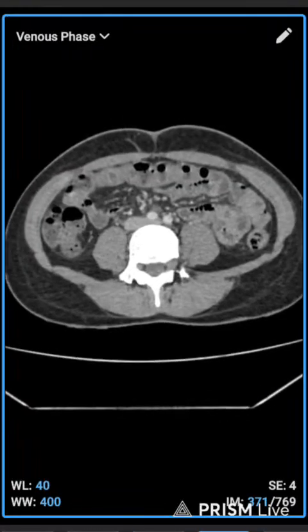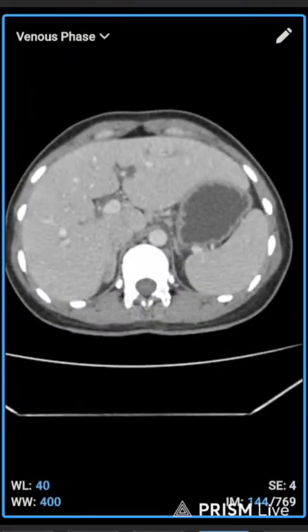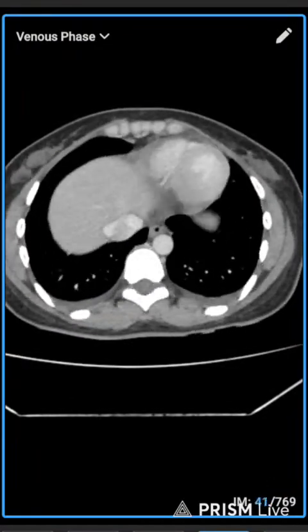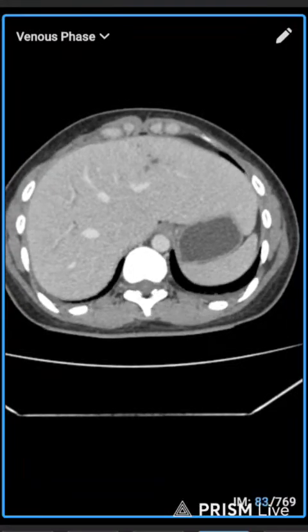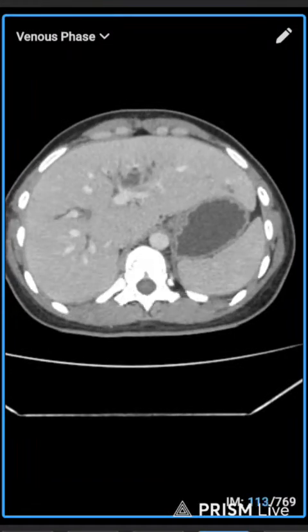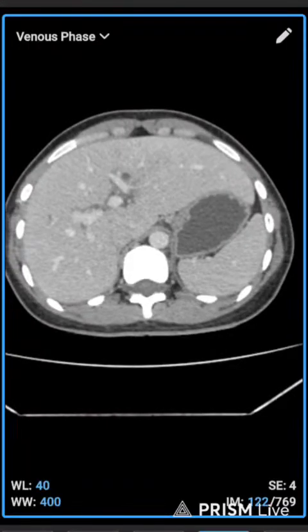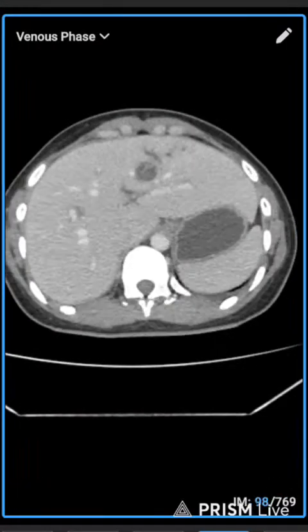After that we take the venous scan, but if you look closely in the venous phase, there is not that much enhancement, and it does not show any outline of the tumor.